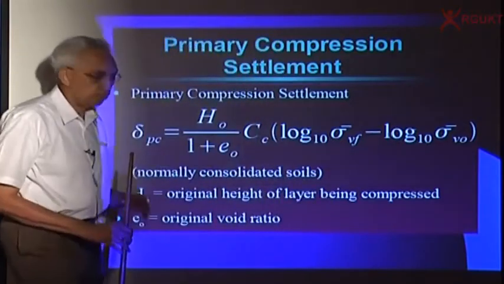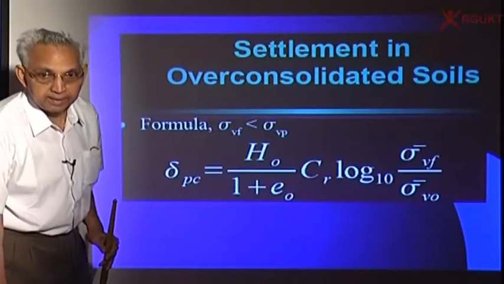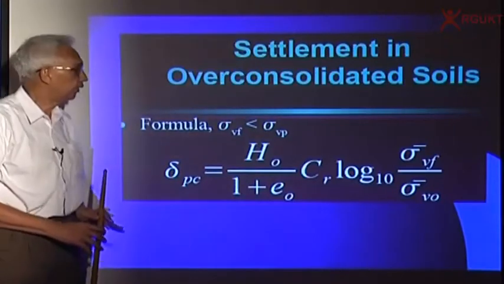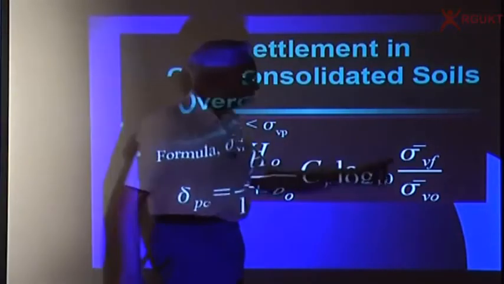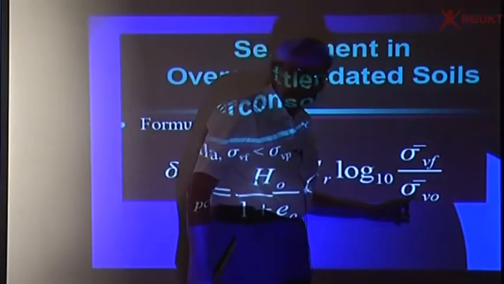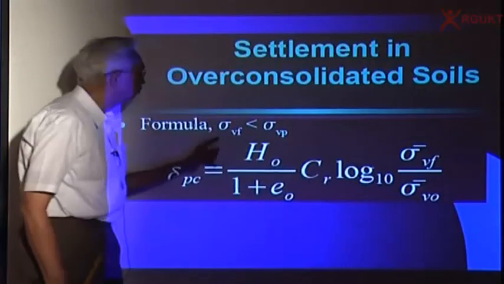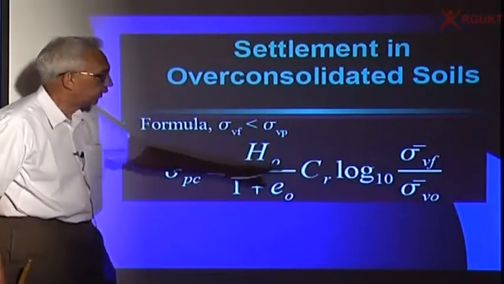This is for normally consolidated soil. If I have only over consolidated soil in the reloading stage, where the final effective stress is less than sigma dash c, as you can see here, then I only have reloading, so I use CR.